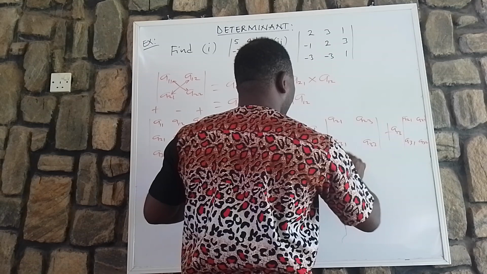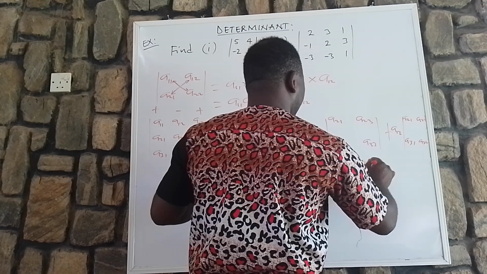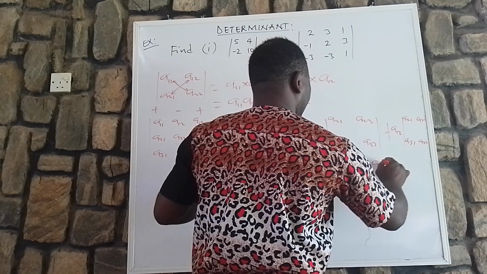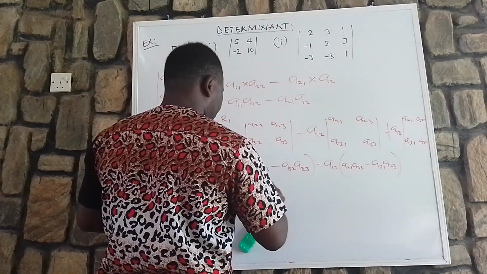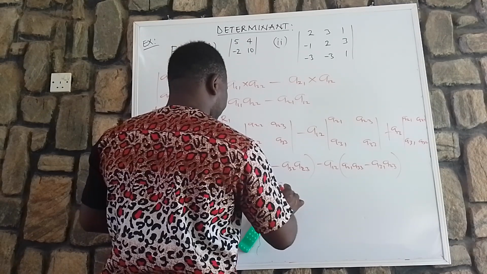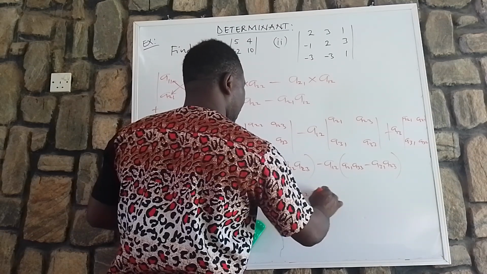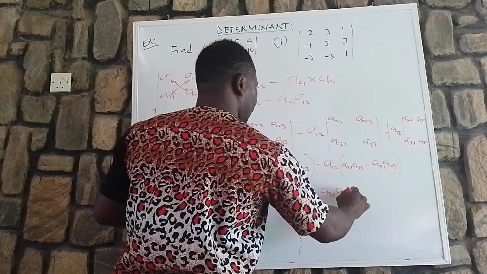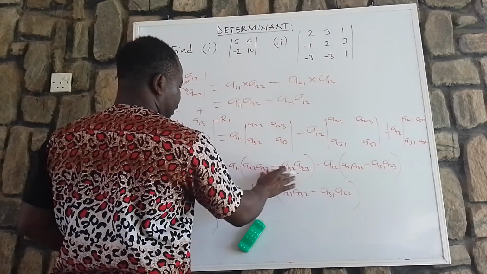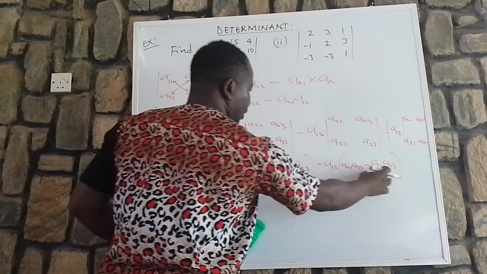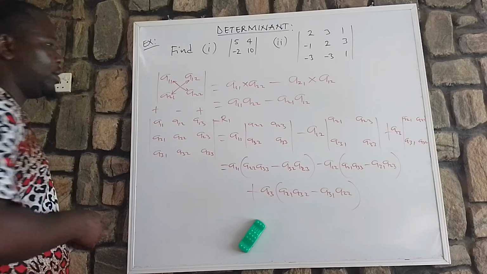Minus A12, all in bracket, A21 times A33 minus A31 times A23, then plus A13, then A21 times A32 minus A31 times A22. By the time you subtract, anything you arrive at, use it to multiply this. And that will be your determinant.